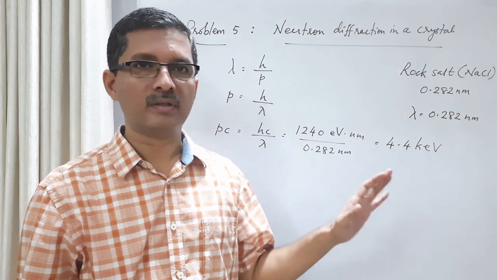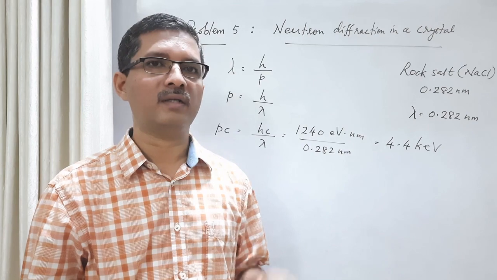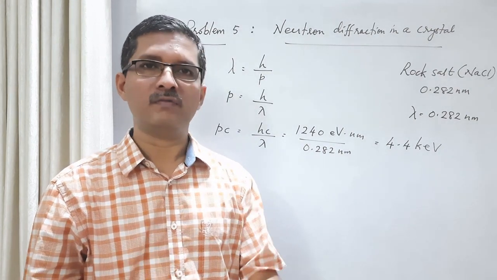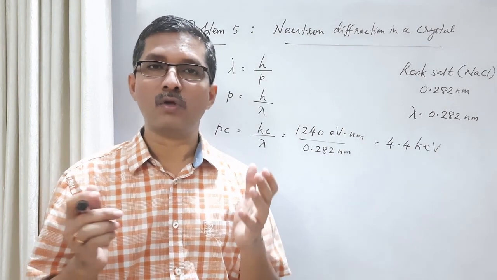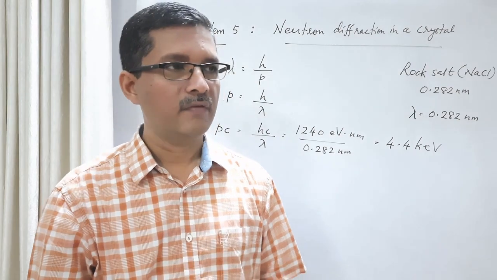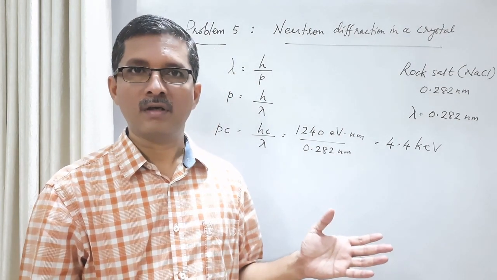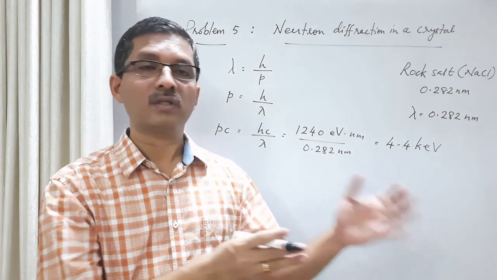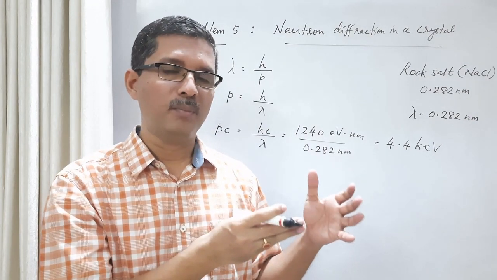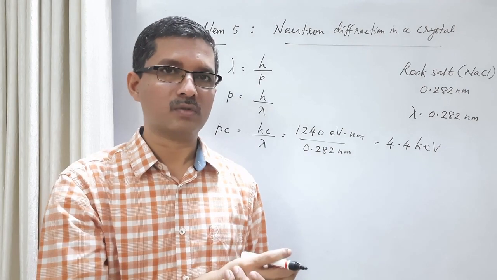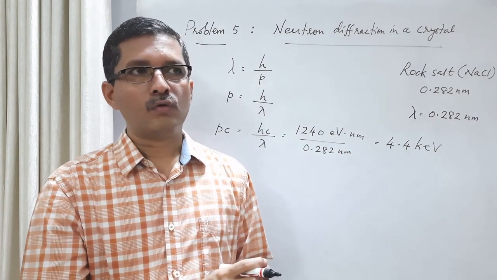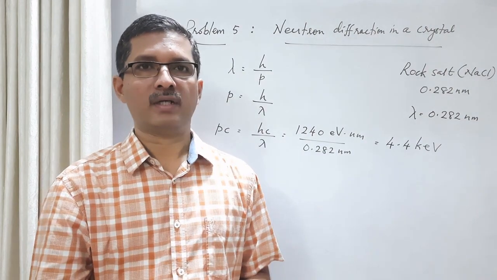If we remember the discussion at the end of the previous problem, there are two ways in which we can calculate kinetic energy. We can use the non-relativistic calculation, which is p squared by 2m. Or we can use the relativistic calculation. What is the kinetic energy? Total energy minus rest energy. Total energy in terms of momentum is the square root of (pc) whole squared plus (mc squared) whole squared, minus rest energy. So from momentum there are two routes to get kinetic energy.